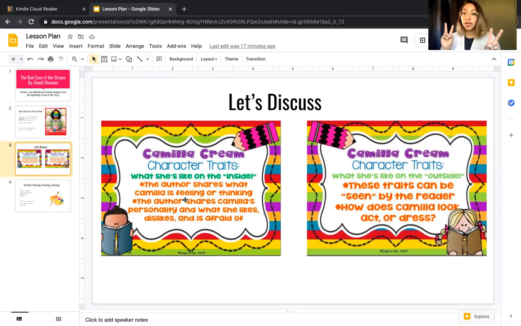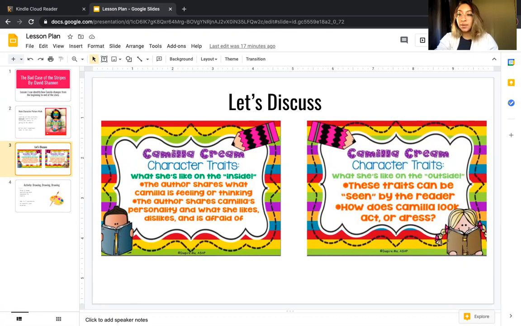We're going to do two things. So we're going to talk about Camila's character traits. Now remember, character traits are different characteristics, such as her personality, such as how she looks. So let's go ahead and read this. So it says Camila Kareem character traits.